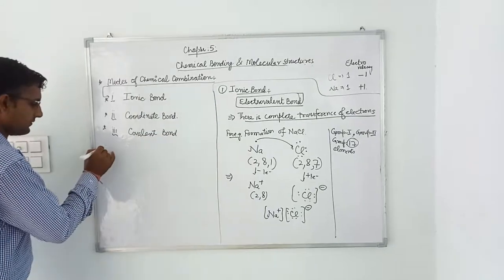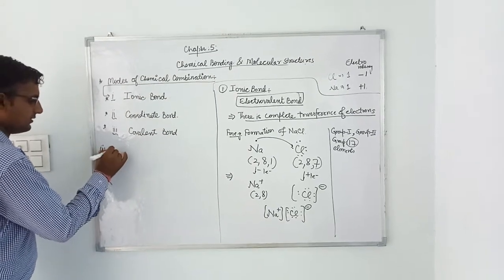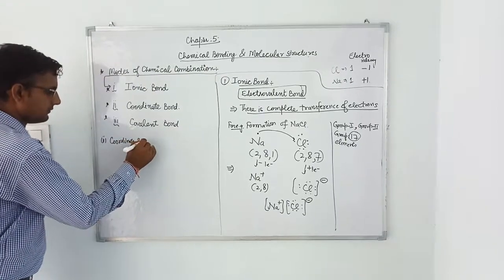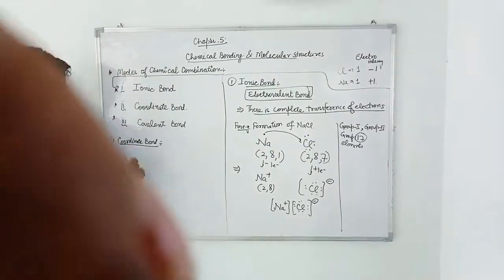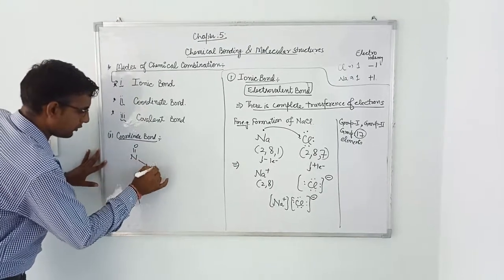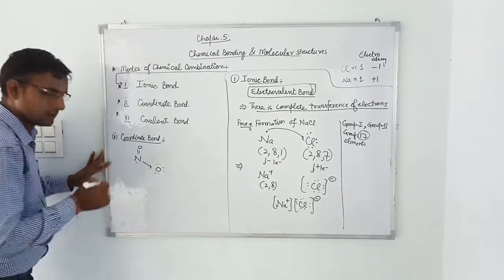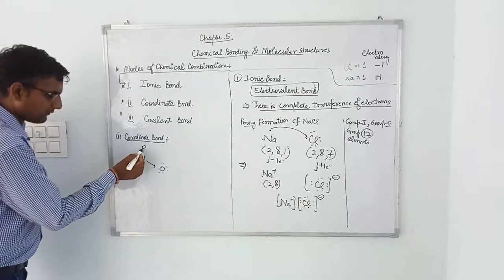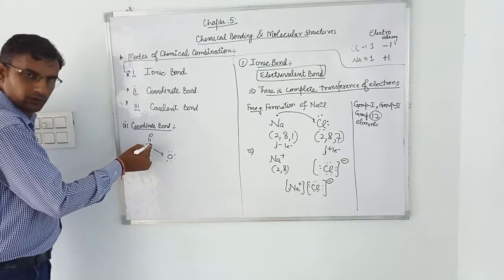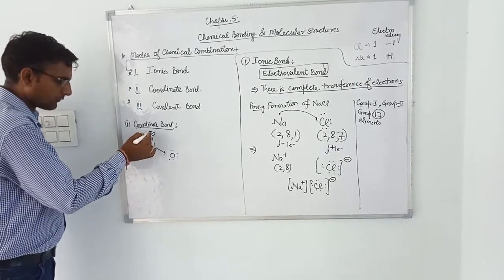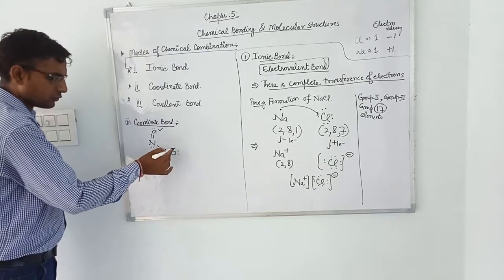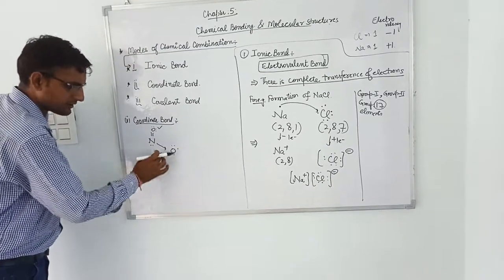Next we have second, that is the coordinate bond. Coordinate means, say in the example of NO2, 1, 2, 3, 4, 5, 6, it means its octet is not full. 1, 2, 3, 4, 5, 6, 7, 8, its octet is full. 1, 2, 3, 4, 5, 6, its octet is not full.